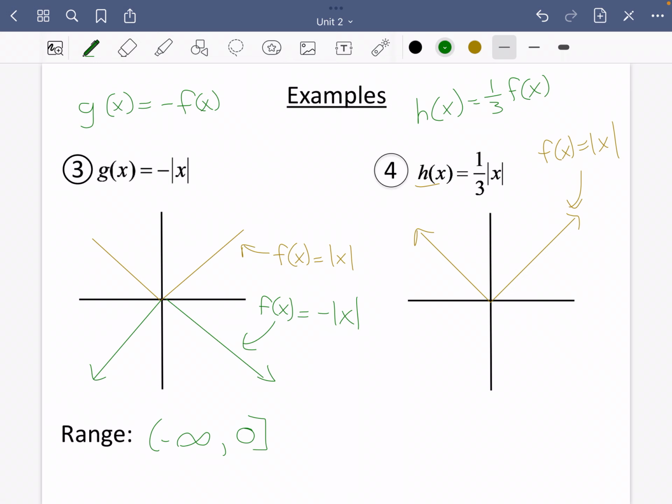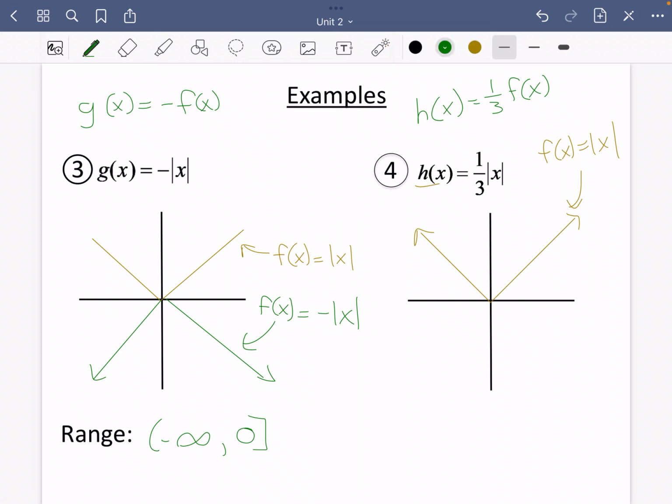So is this going to stretch the graph or shrink it? Well, because the number is 1/3, and that value is between 0 and 1, that is going to shrink the graph. So this is a vertical shrink.